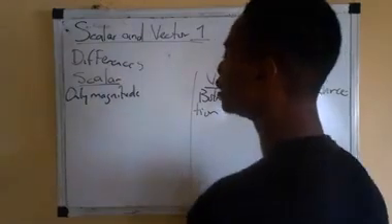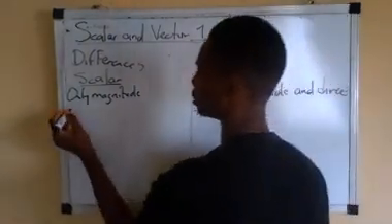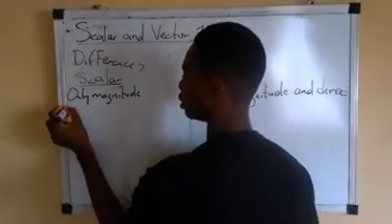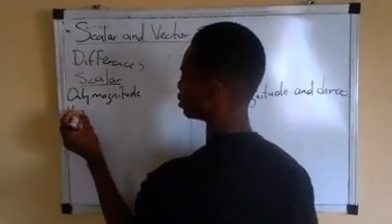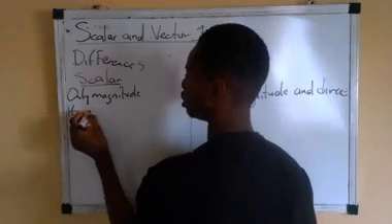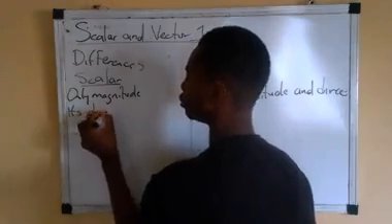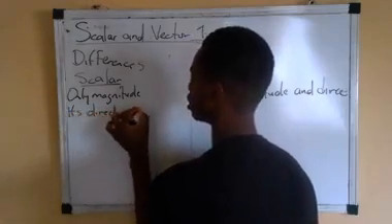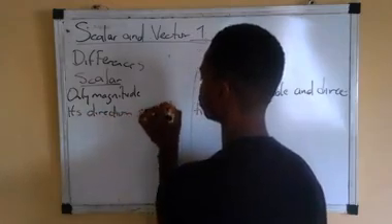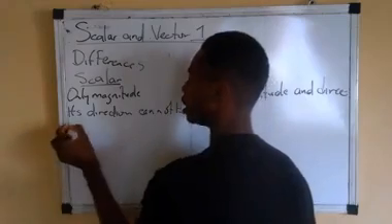So another one is that for scalar, its direction cannot be determined.